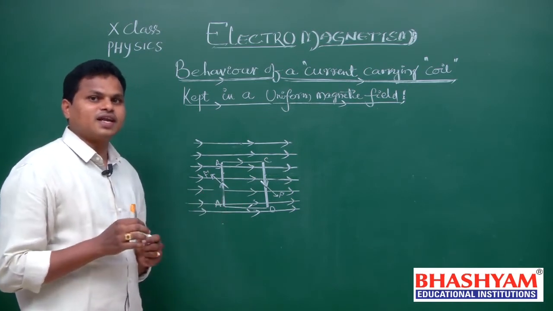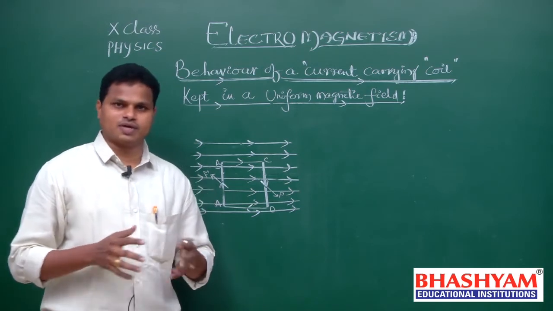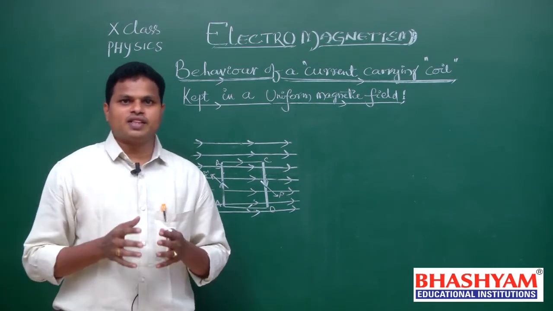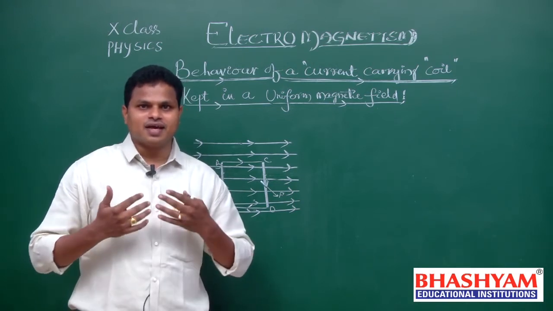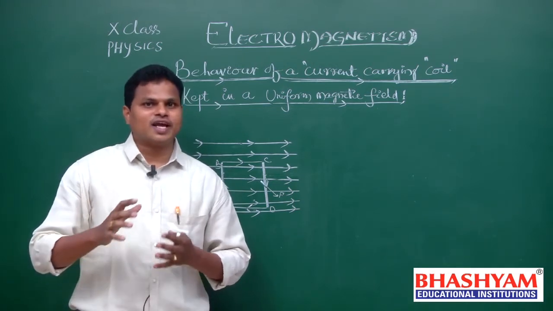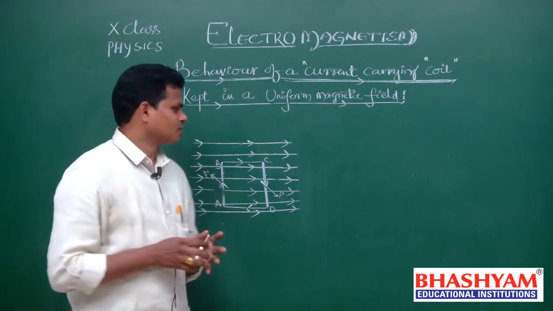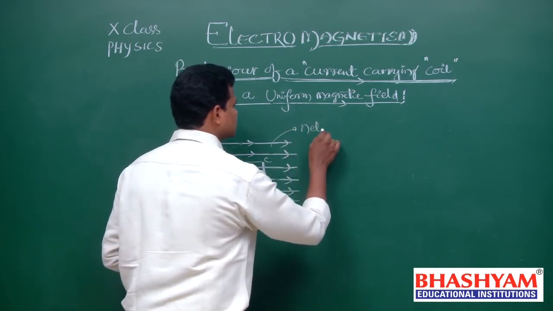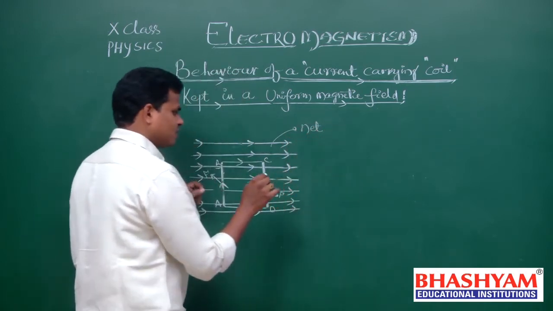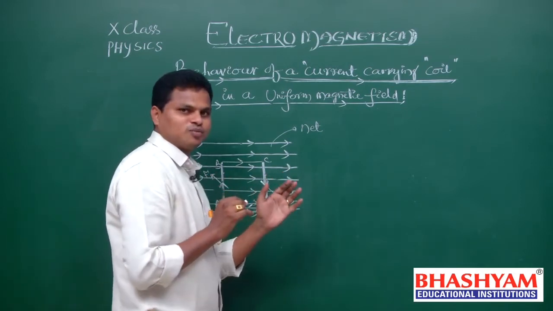Now, what is the net force acting on the coil? This is important, because based on the net force you can estimate whether the coil is in linear motion or rotational motion.